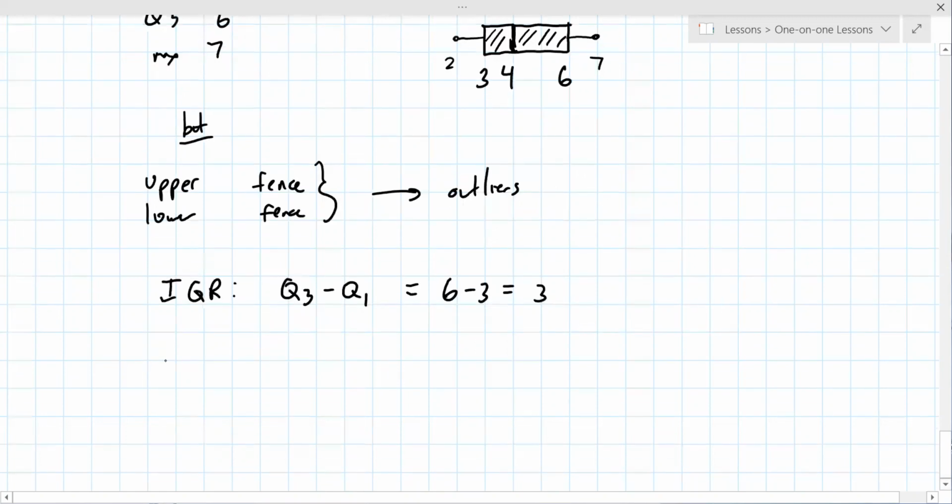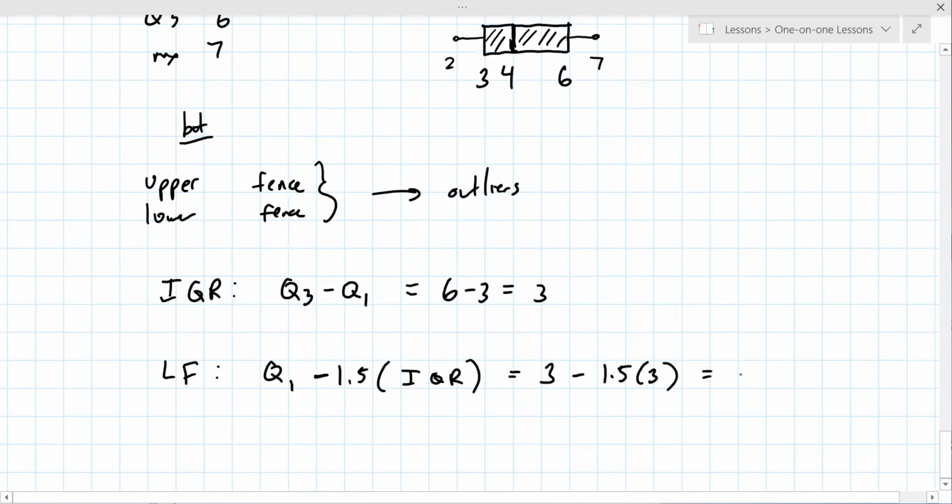The lower fence, LF, is Q1 minus 1.5 times the interquartile range. So Q1 is 3, minus 1.5 times 3, which equals negative 1.5. You're looking for any values lower than that. If there are any, then there is an outlier.